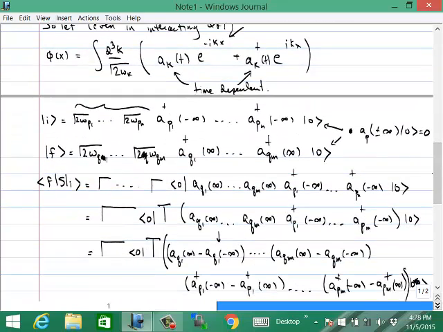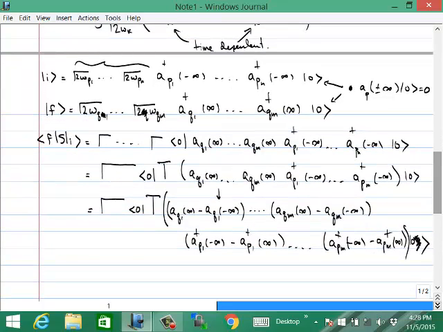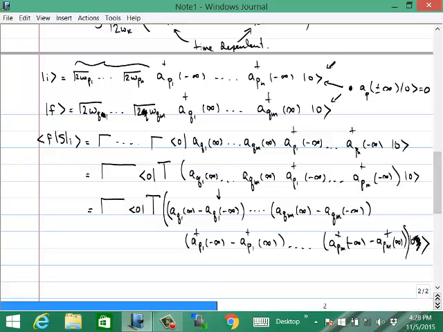Is that clear more or less? So I'm using the Schrodinger picture here when I write down this operator. I'm literally just computing the overlap between the two Schrodinger picture states that I've written down here.